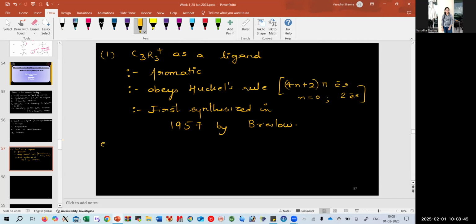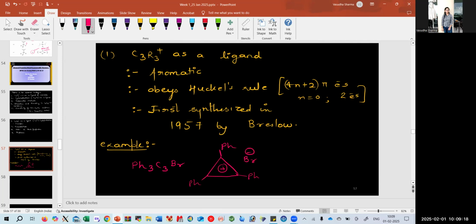Now, for the examples, we have one example where we are taking this system, C3Ph3 Br, meaning the cyclopropenyl is positive, having Ph, Ph, Ph, and Br negative is outside, having a double bond.